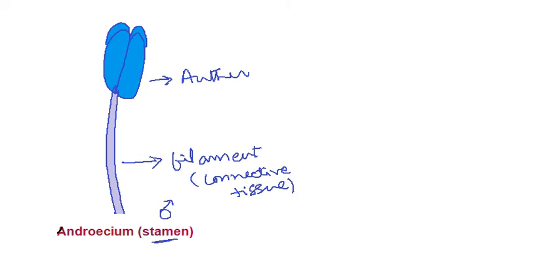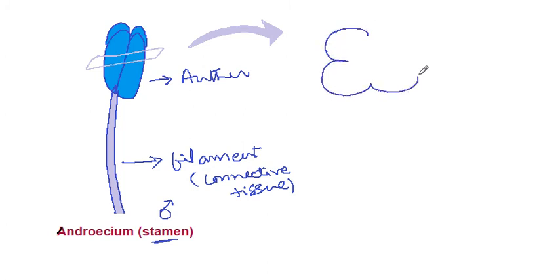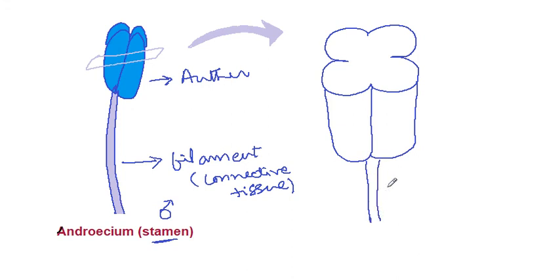Now if we make a section of the anther and magnify it, what we can see is that the anther contains four lobes.